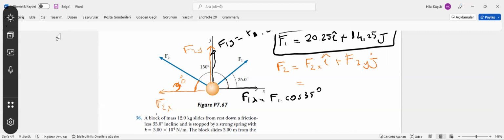Please just look at that part. You can write easily: F2 multiplied by cos 30. I will write here F2y will be F2 multiplied by sin 30. Just you need to write that part.